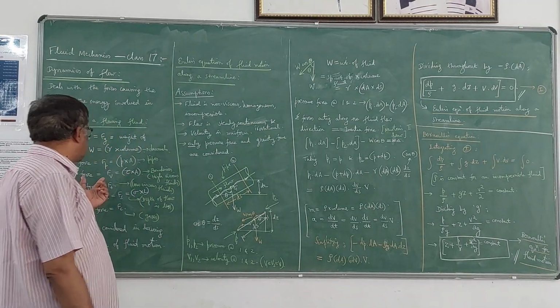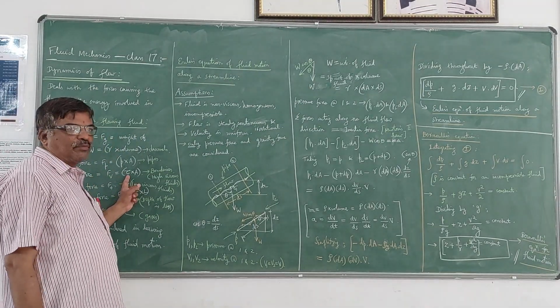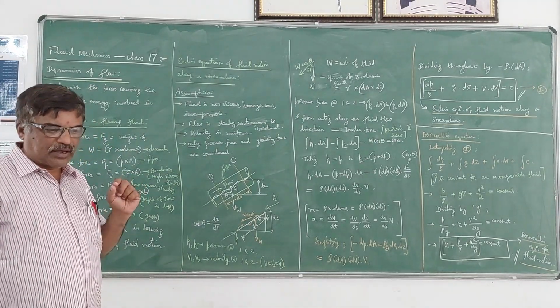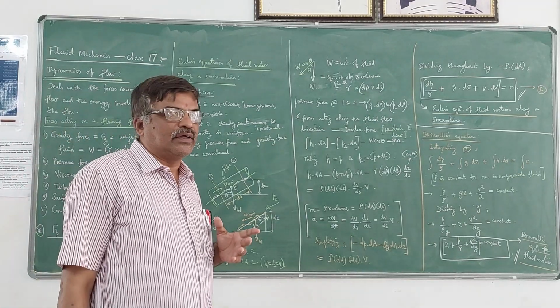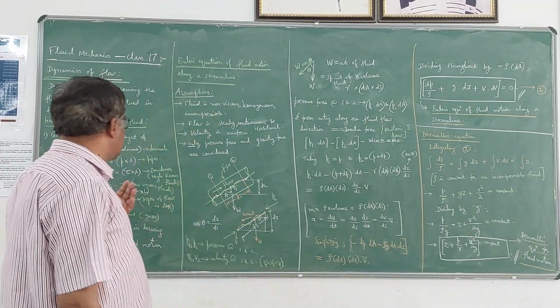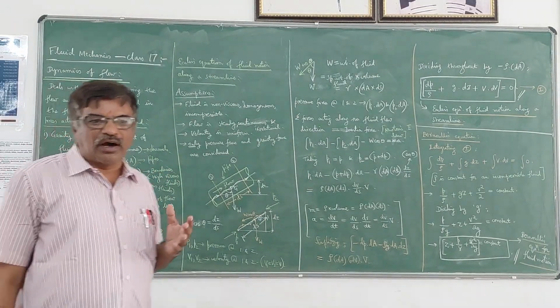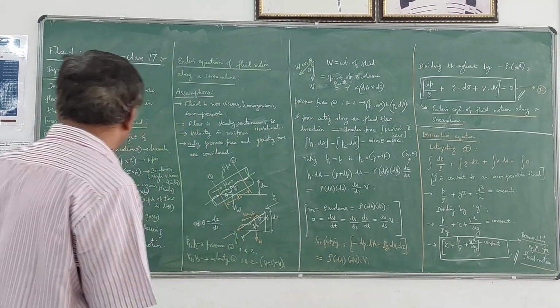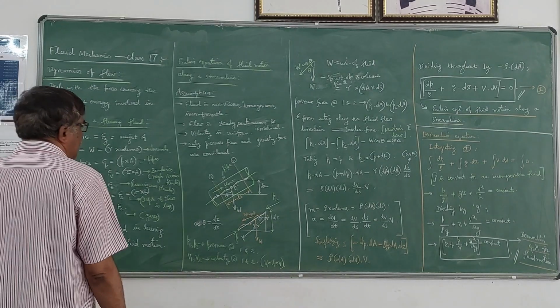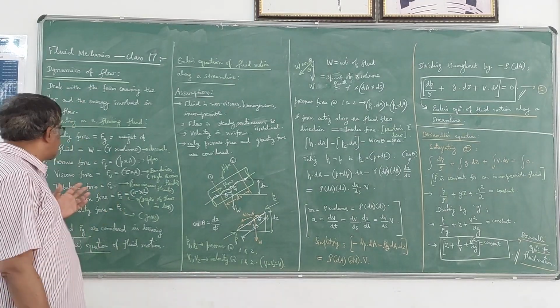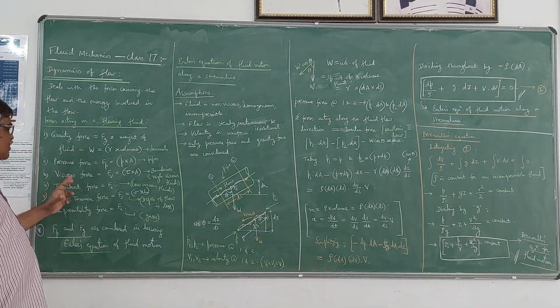And the viscous force Fv is given by shear stress developed multiplied by the area over which that stress is acting. Normally in the case of boundaries, pipe walls or channel boundaries, when the fluid is very highly viscous, in such cases you can have this viscous force.